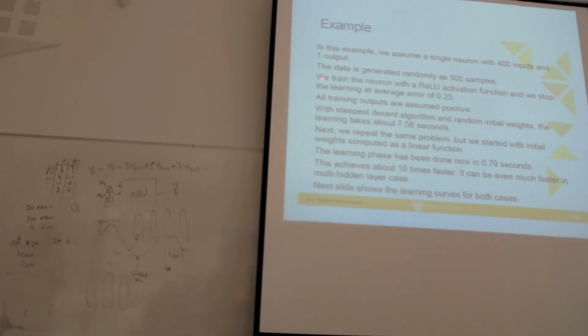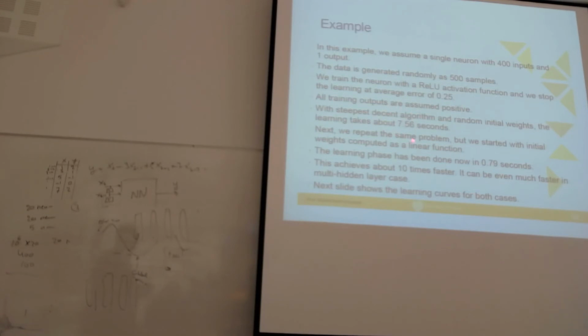Here in this example, we built a simple example where we have 400 inputs and 1 output, and the data generated randomly with 500 samples. I tried to make the learning in the beginning with random initial weights, and in the second I started with the weights computed by using a linear function, assuming that it is linear, and I obtained 10 times faster.